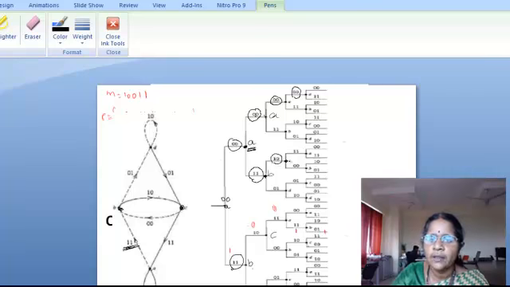And now you are in state C. From state C, if you have to go up, that means the input should be 0, so you follow the solid line. You come to state A, producing an output of 1 1.